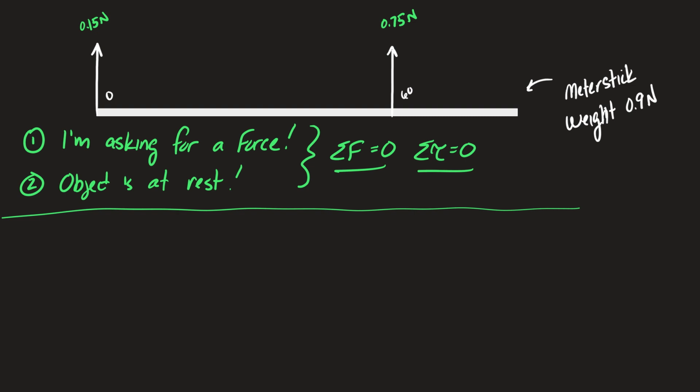You'll notice I'm no longer drawing a free body diagram. Part of the reason is because my object has extension, and where the forces act make a difference. So because I need to know that, I'm just going to draw the arrows as they exist right on this object. I'm not going to draw another dot somewhere and say that this is a free body diagram unless I'm instructed to by the exam.